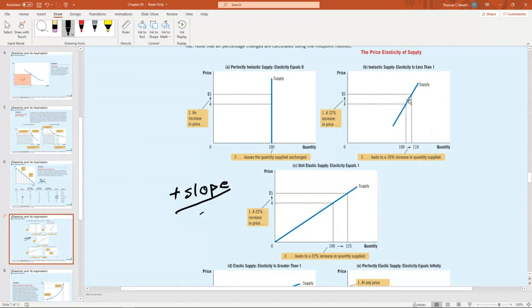Gasoline and oil have an inelastic supply curve. They also have an inelastic demand curve. So we have to pay attention to what's going on in that marketplace.